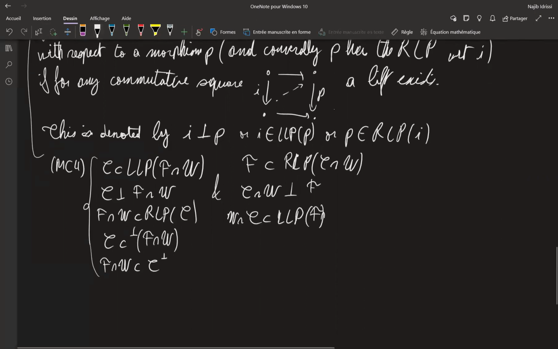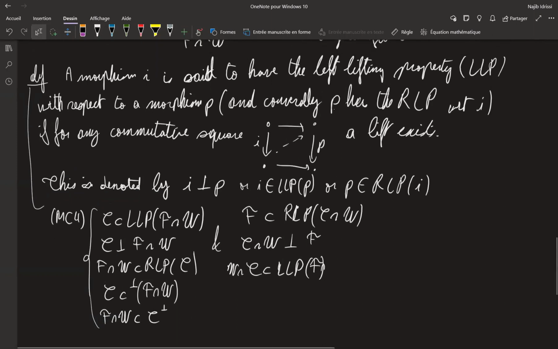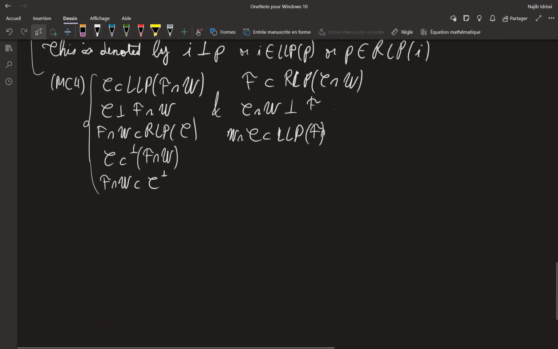Okay. So any questions about these lifting properties? These acronyms are ones I'm going to use a lot in these lectures, so you should try to make a note of them, I guess. All right.